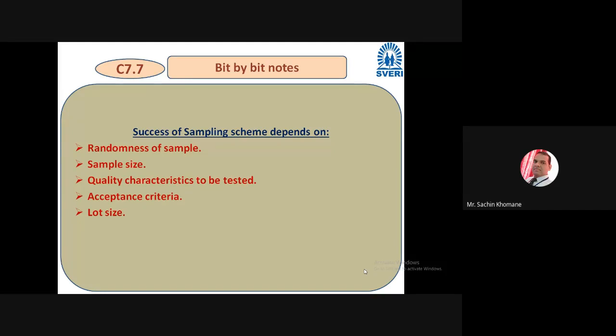For example, if you find one defect in one lot, accepted. If it goes beyond that limit, then that lot should be rejected. So that acceptance or rejection criteria should be decided, and the sampling scheme depends on that. And the lot size, how many lots you are taking for inspection. Depending on that, the success of the sampling scheme is there.